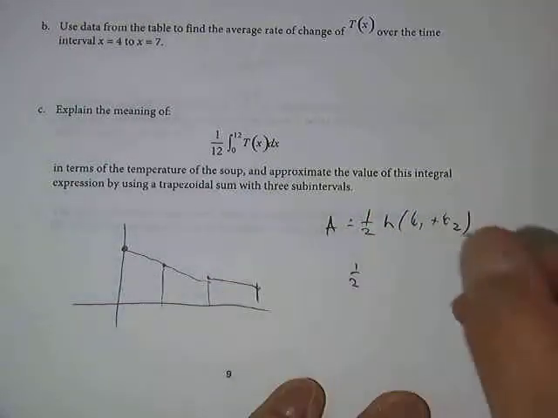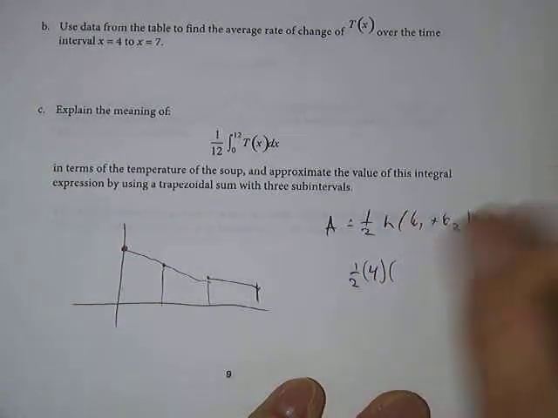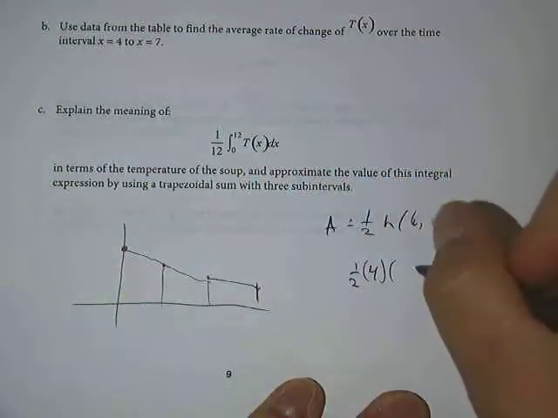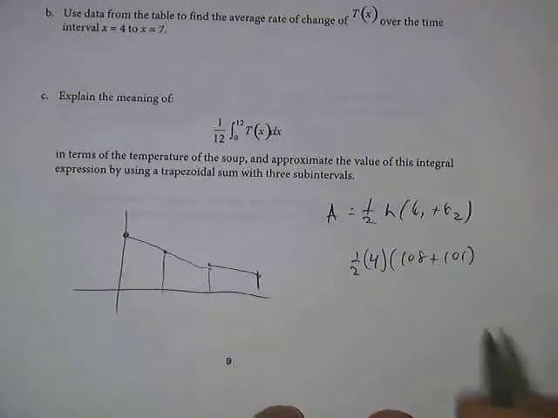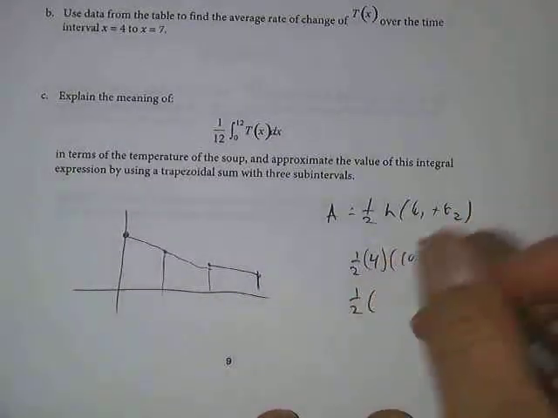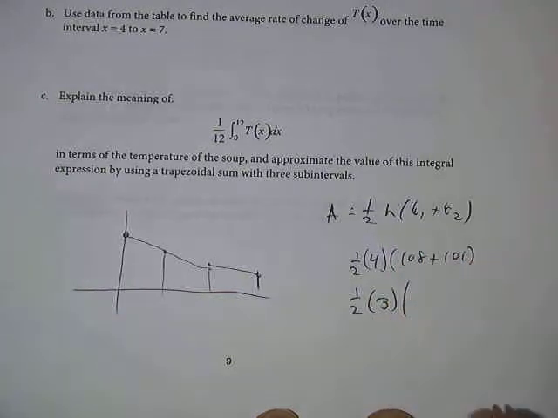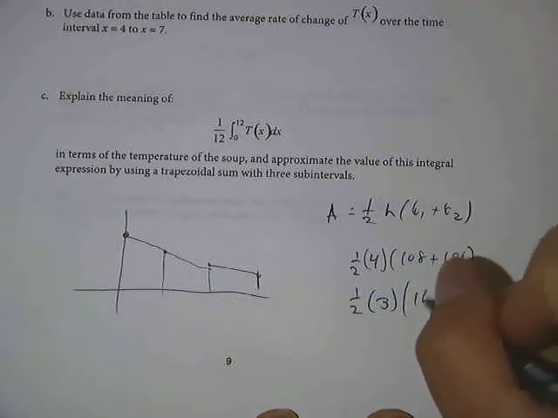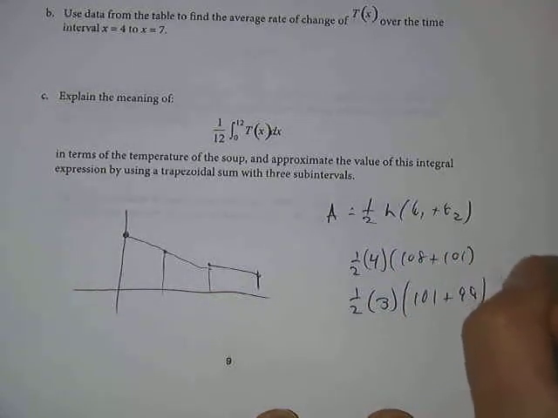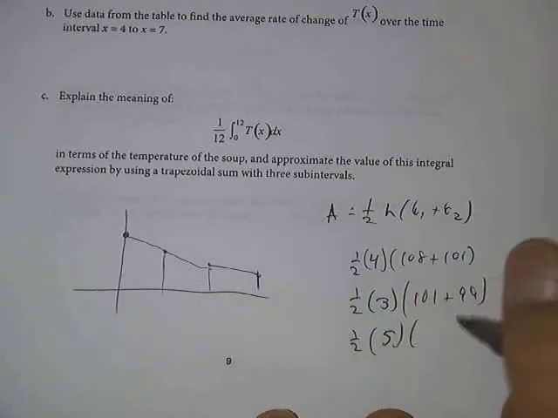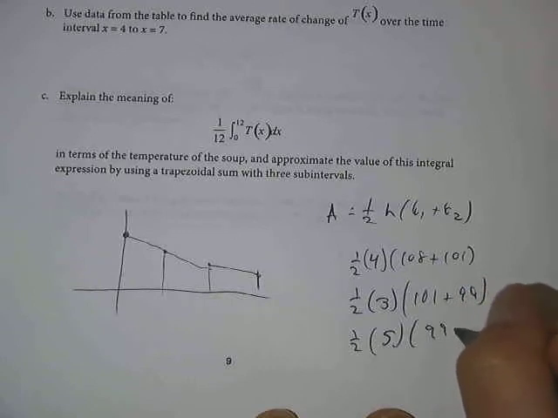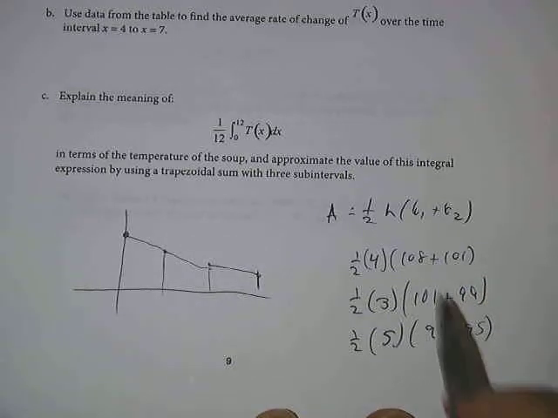And ultimately, if we calculate the areas of each of those, the trapezoid area formula is as such. For the first one, the height is the x distance, 0 to 4. The 2 bases are going to be the 2 heights given in the table, 108 and 101. So that's one of our trapezoids.